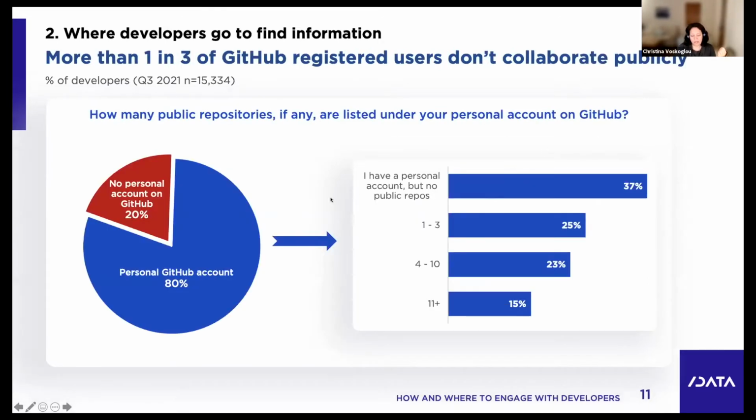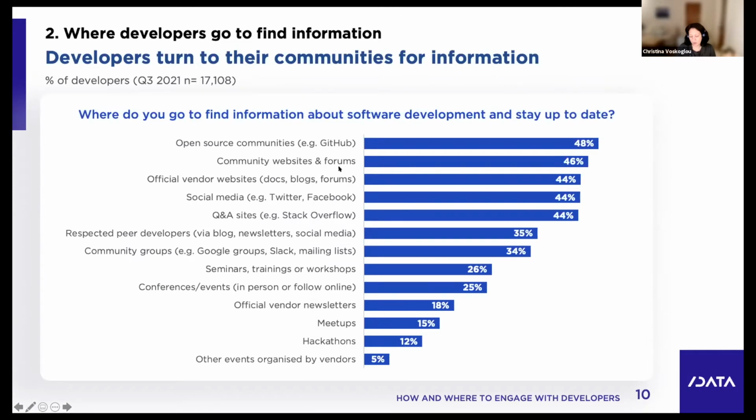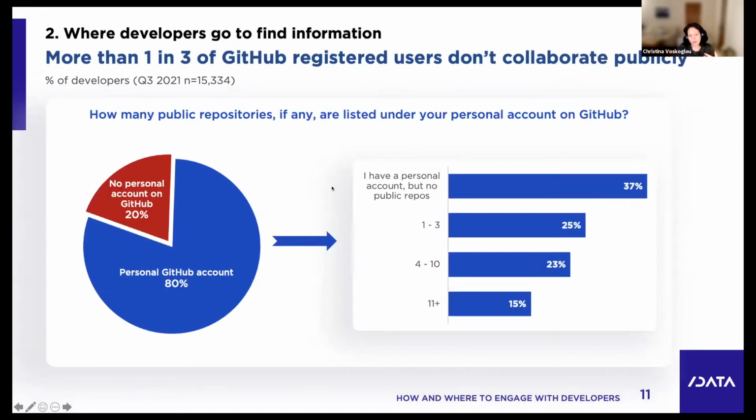So they said GitHub up here, right? So open source communities. Then we asked them what exactly they do, or rather whether they have public repos in GitHub or not. And yes, 80% of developers are active in GitHub, but close to 40% of those who are in GitHub don't have any public repos.